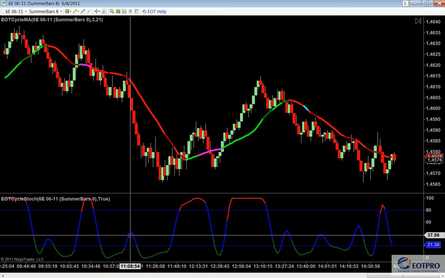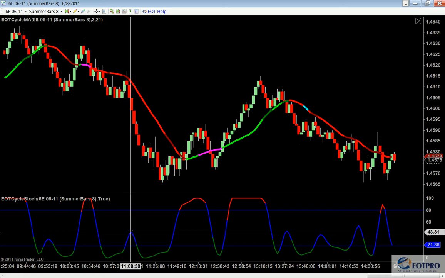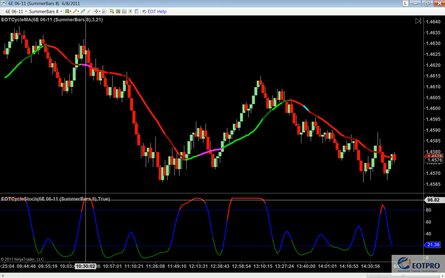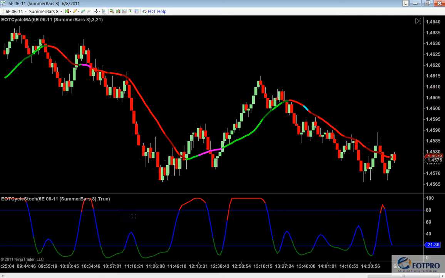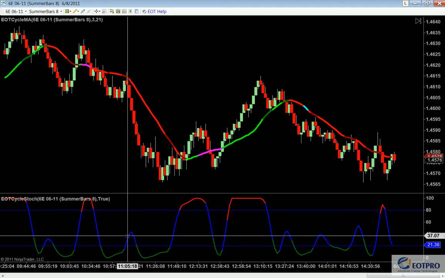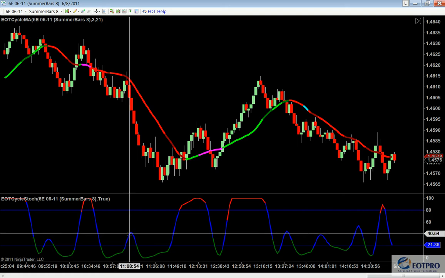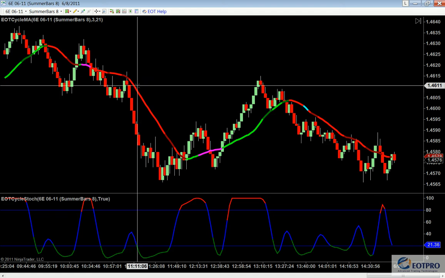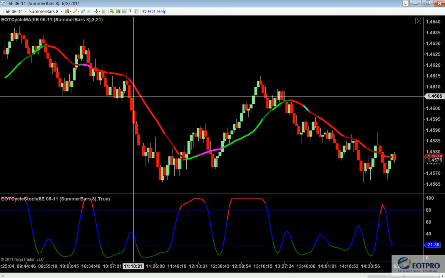Here's an area where this stochastics is low. It didn't even come up to the high line, didn't even come up to overbought, but because it's telling you that the strength is very, very weak and the moving average is pointing down, go short.